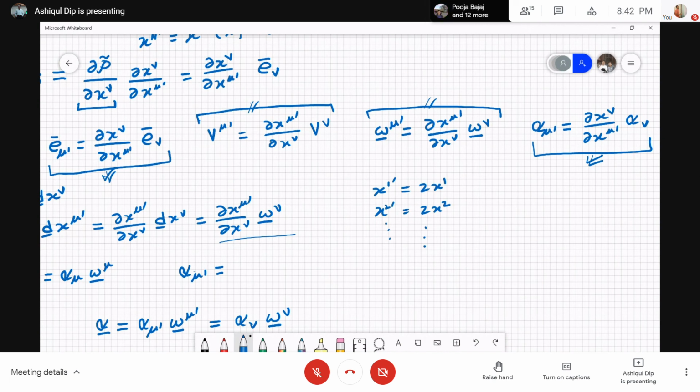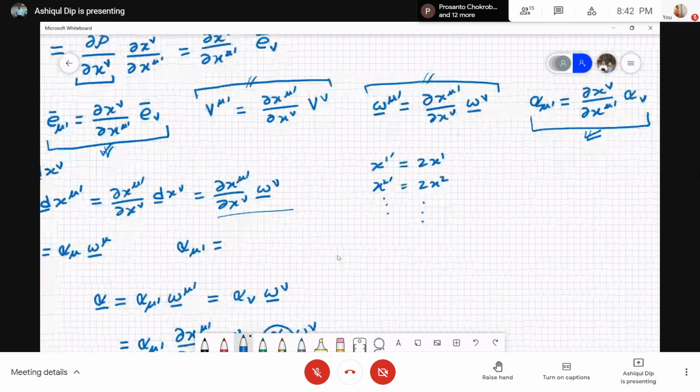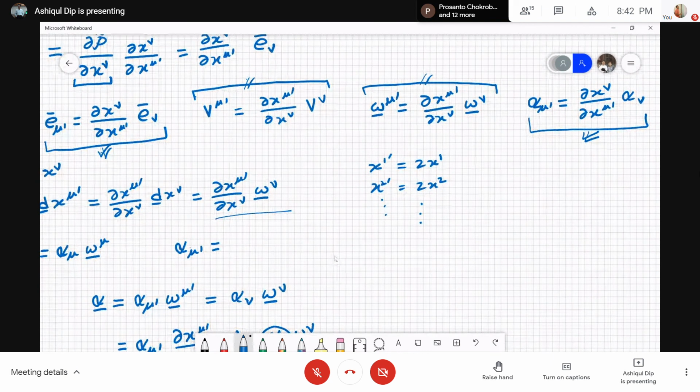Okay. So if that is the case, then can you find the matrix relations? Let's find this thing first: delta x mu prime by delta x nu. Yes. So if we take those derivatives and construct a matrix, what should it look like?